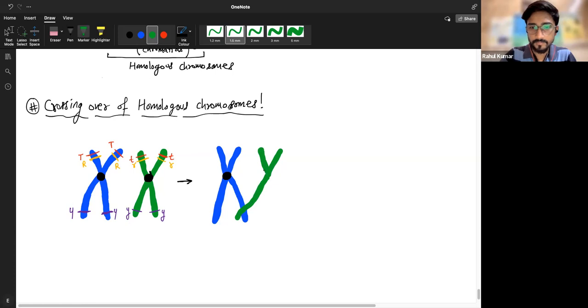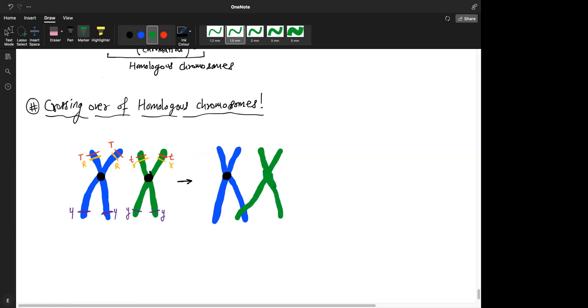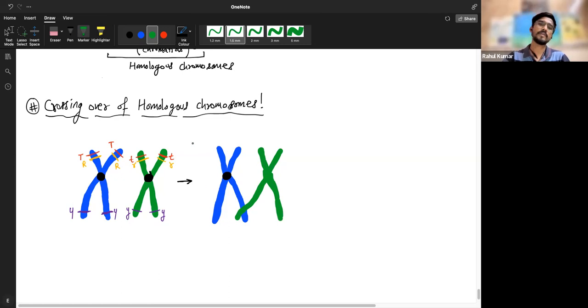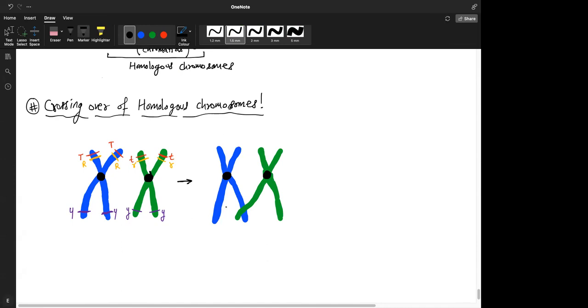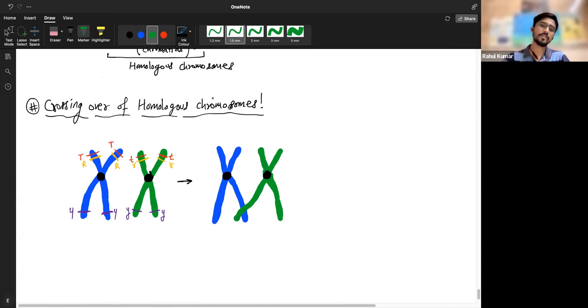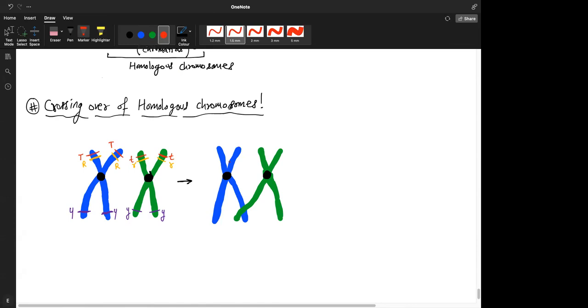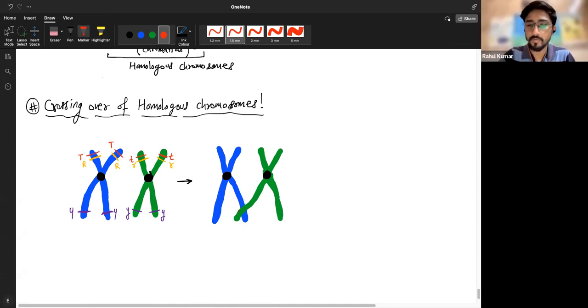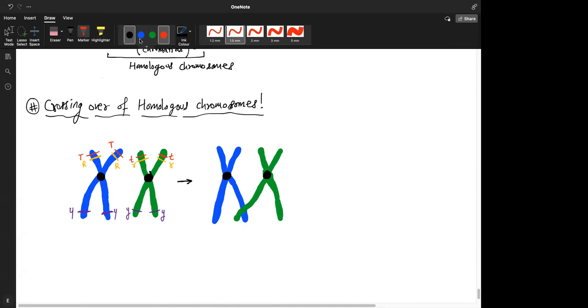You understood? Yes. So this kind of arrangement is made. This is called crossing over. So the two legs here, are they sister chromatids or non-sister chromatids? Non-sister chromatids, sorry. Yes, because they are from two different chromosomes, right? So let's again mark the genes.